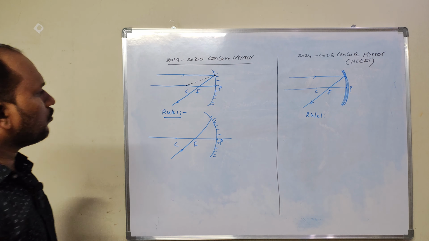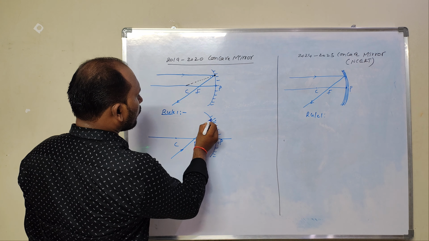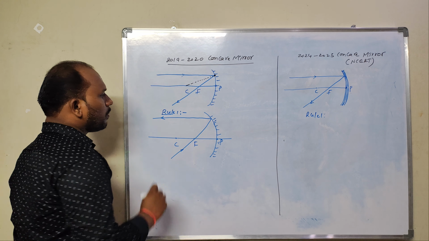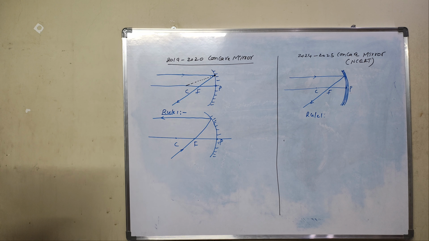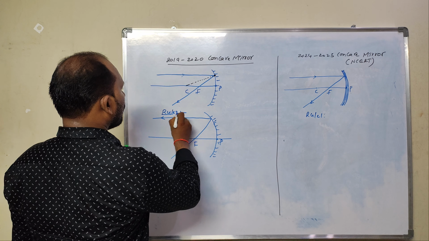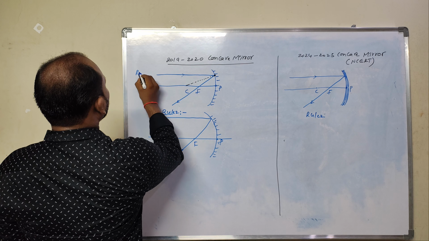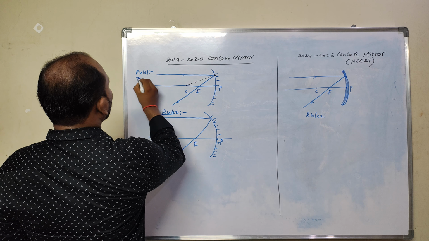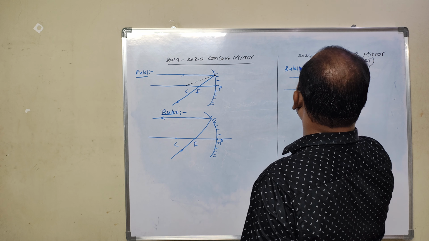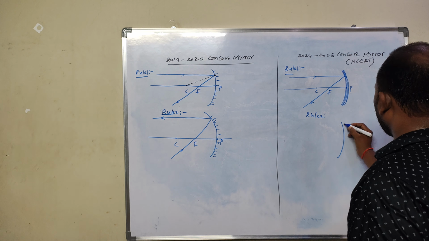A ray passes through focus and becomes parallel to principal axis. This is rule two, and this is rule one.